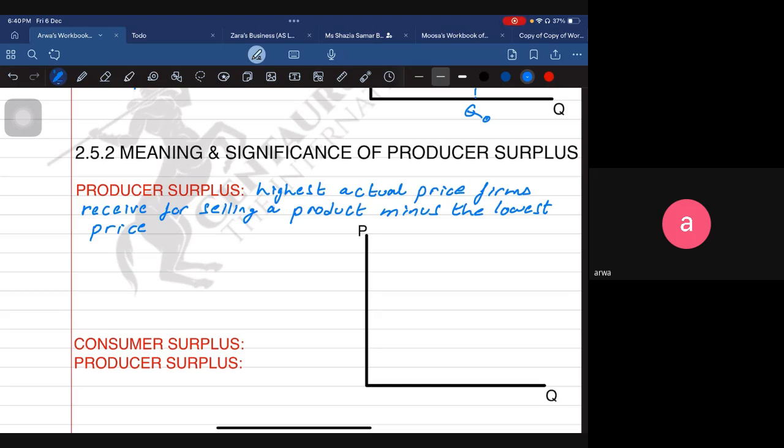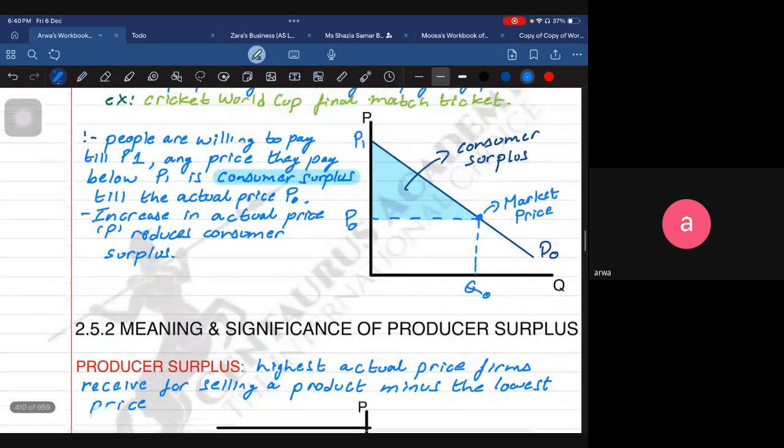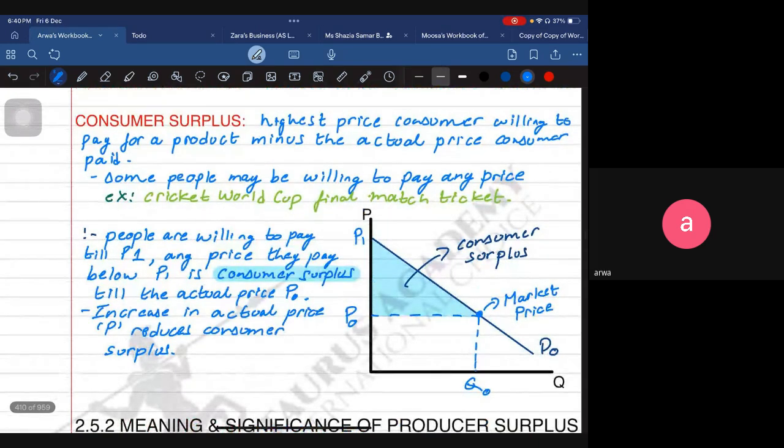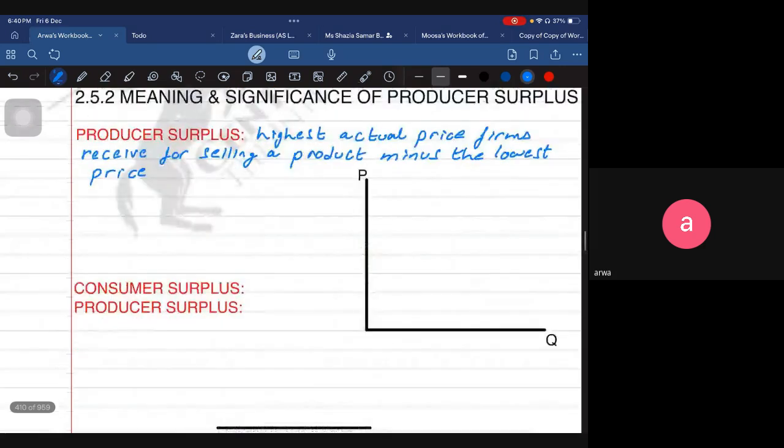So that's why I'm saying that this is opposite here. Here, we are doing the highest price the consumer is willing to pay minus the actual price. Here, the actual price minus the lowest price the producer is willing to sell at. Makes sense.